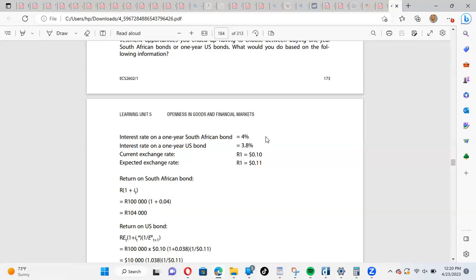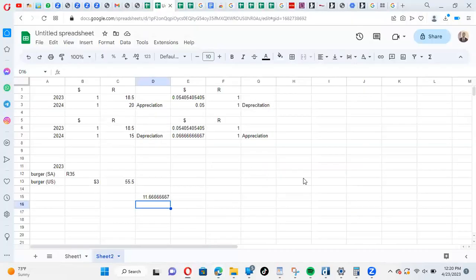But I want us to analyze a situation where this is different. If we say the SA bond is giving an interest of 4%, and the other one, the US bond, is giving 3.8, we said you'd want to choose the SA bond there.